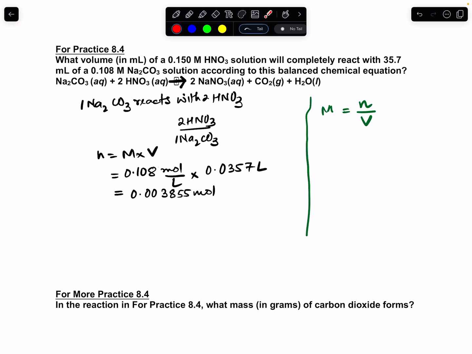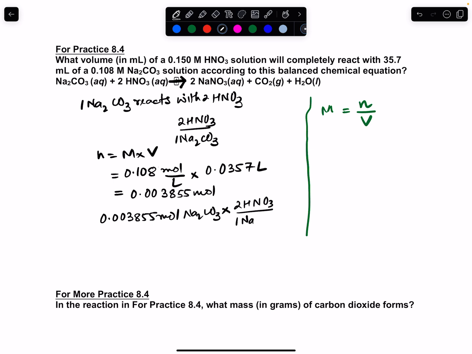All right, so now we know the moles. Now we can use this relationship to figure out how many moles of HNO3 react with these many moles of Na2CO3. Okay, so we'll just do 0.003855 moles of Na2CO3 times that relationship, which is 2HNO3 over 1 Na2CO3.